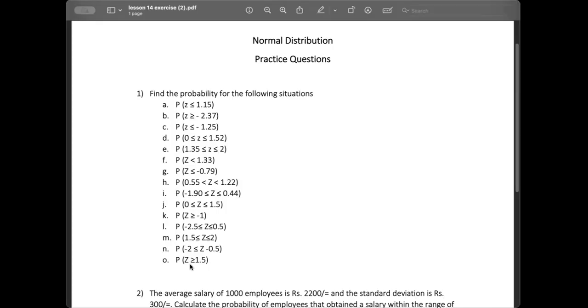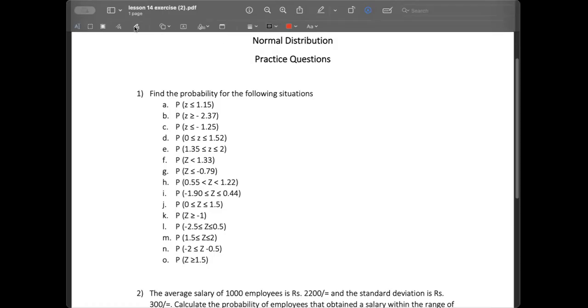If they are asking z is less than or equal to 1.15, and we know in the middle we have 0, then somewhere around 1.15 means this.